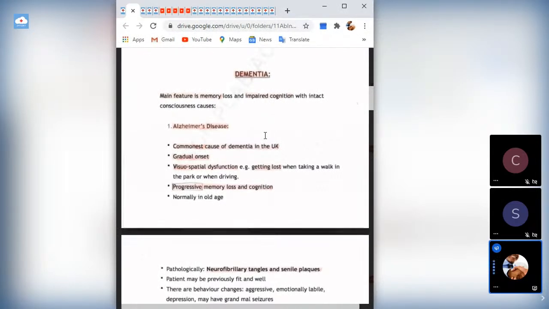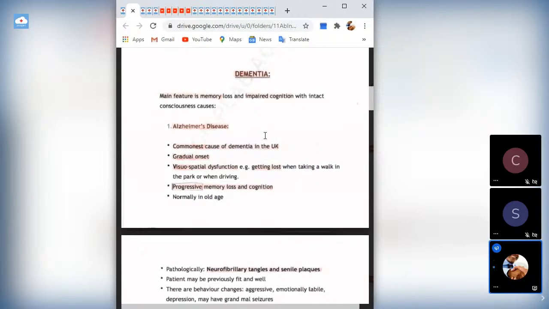By way of introduction, dementia could be an acute, sudden onset, or chronic loss of cognitive abilities. When you talk about cognitive abilities, you're talking about memory, personality, mini mental state, attention, even orientation.